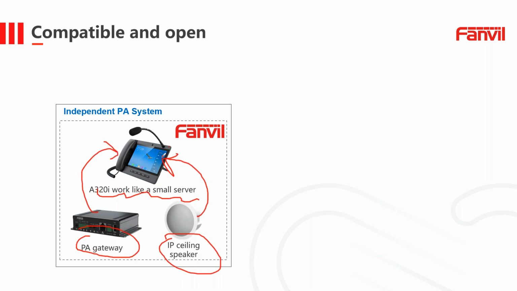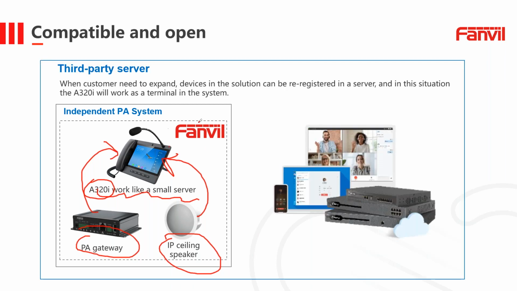And not only the A320i, the A32i can also work as a small server. Just upgrade it, it is okay. And when your system is getting bigger, all of those terminals can register in a third-party server, so you don't need to change those terminals or change manufacturer.